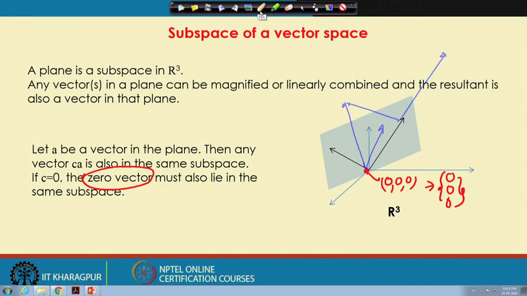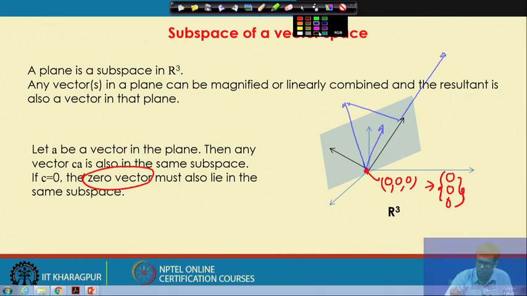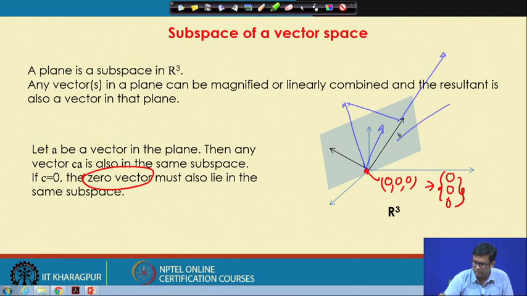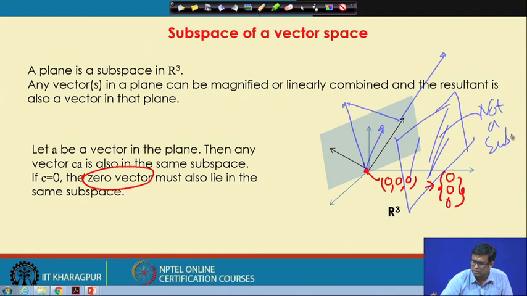So, if I think of a plane like this, this is not a subspace, because the 0 vector does not lie in that particular plane. So, a subspace must contain the 0 vector, which is another requirement of a subspace, and it comes out of the definitions only.